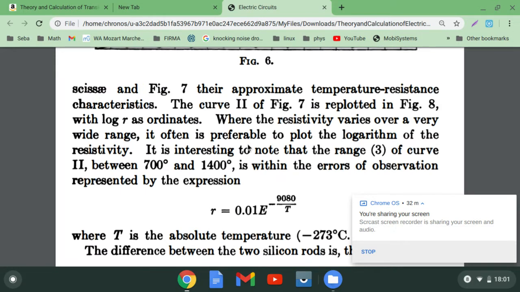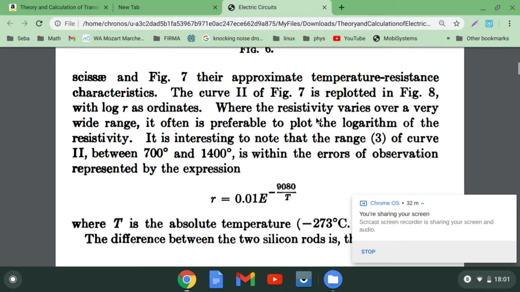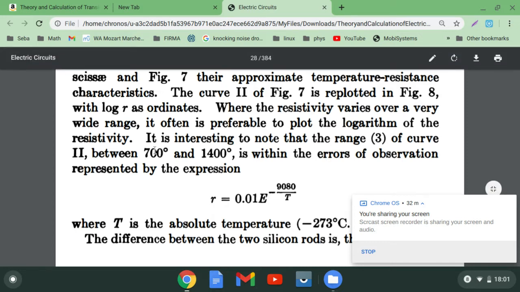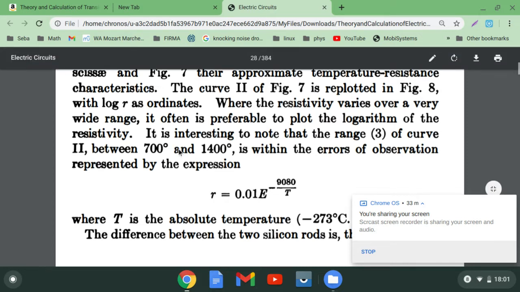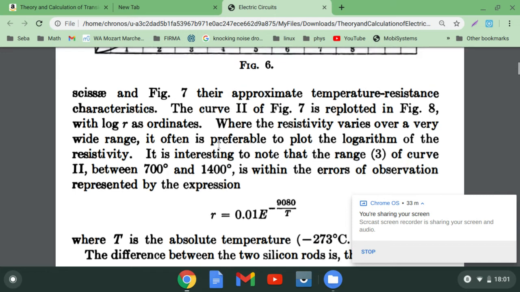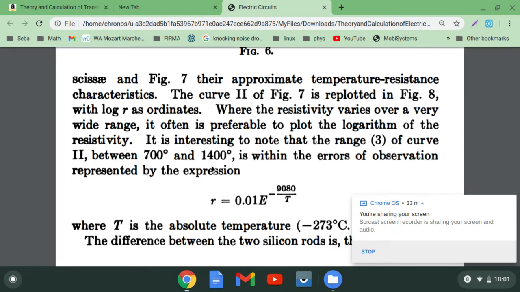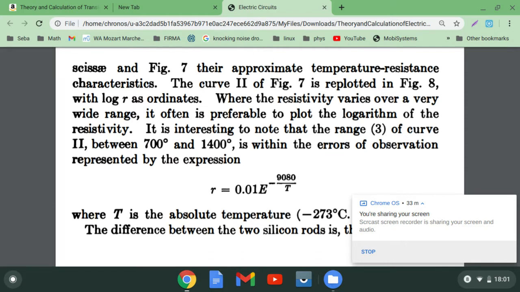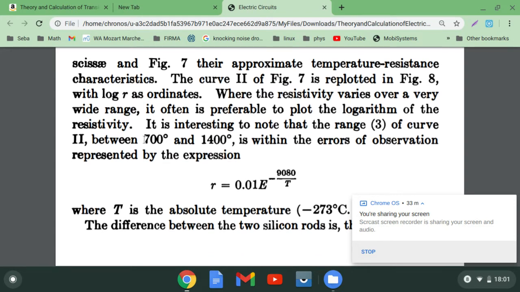The curve 2 of figure 7 is replotted in figure 8 with log R as ordinates. Where the resistivity varies over a very wide range, it often is preferable to plot the logarithm of the resistivity.